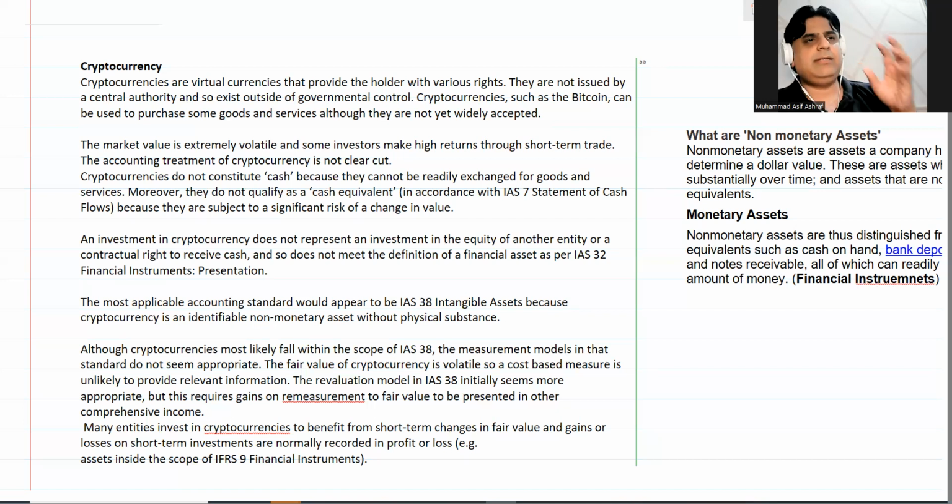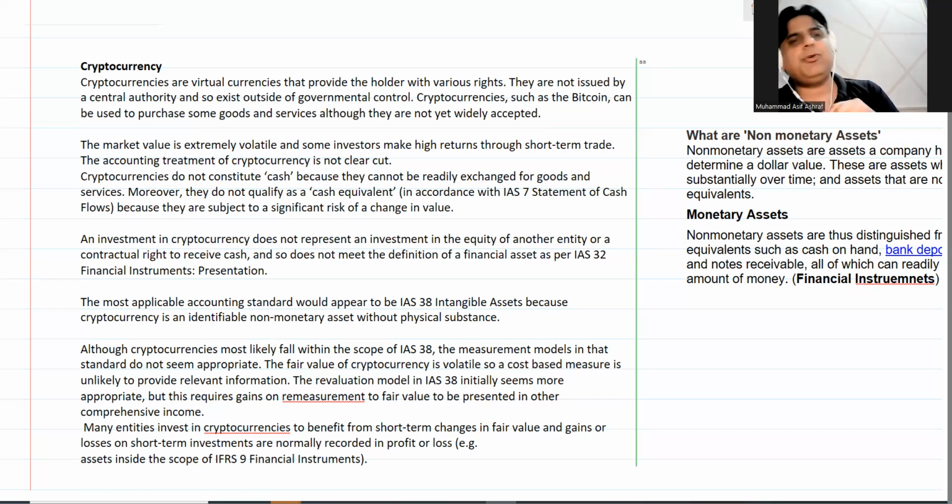I told you the reason for their popularity is that investors want to earn short-term returns, and due to this speculation, their value fluctuates a lot. This is an indicator that these assets are not monetary, because their values are fluctuating. So one indicator moves towards non-monetary asset.